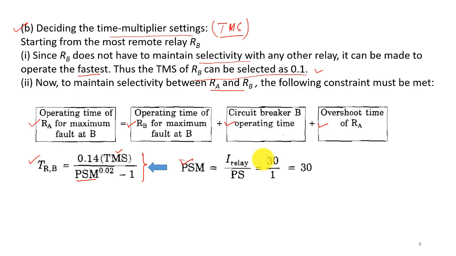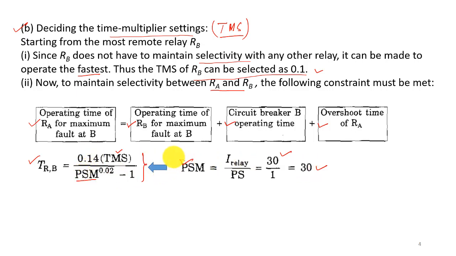Therefore, your relay will see it as 30 ampere, just by dividing by the CT ratio, that is 100 is to 1. So just by dividing, we get 30 by 1. So the PSM will be 30. Your plug setting multiplier will be 30 for the maximum fault.